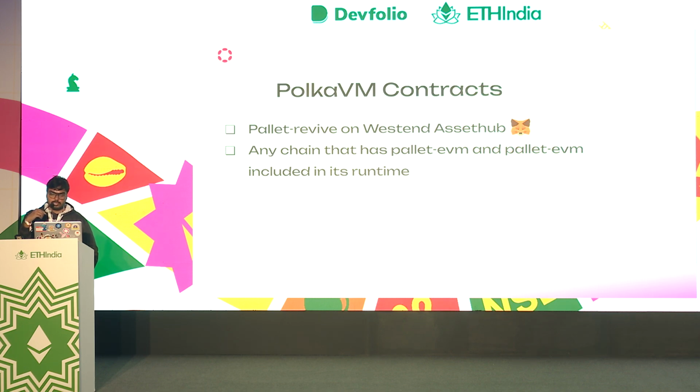And to be honest, Westend Asset Hub is not the only place where you can deploy. Polkadot has 100 plus parachains, and some of those parachains have Pallet Ethereum and Pallet EVM included in the runtime. So these are also some chains that you can target if you are a Solidity dev.